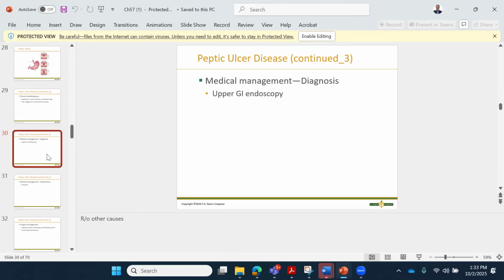So think about, is the procedure therapeutic or diagnostic or both?